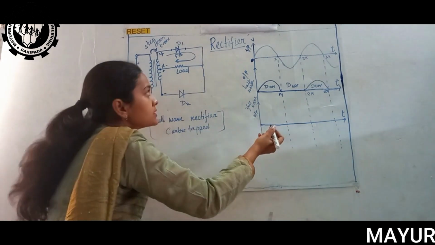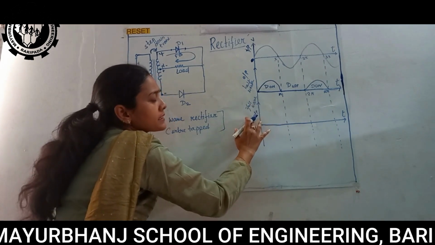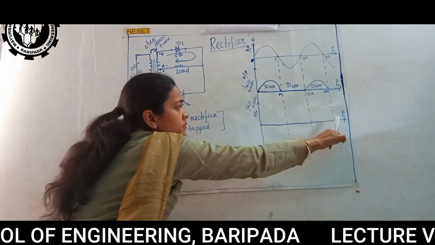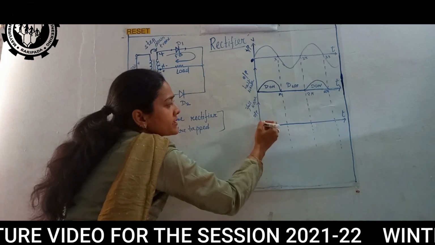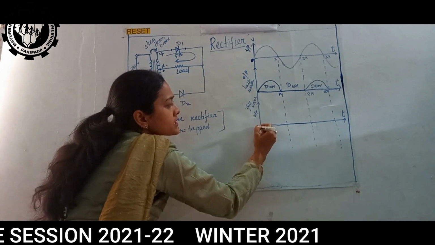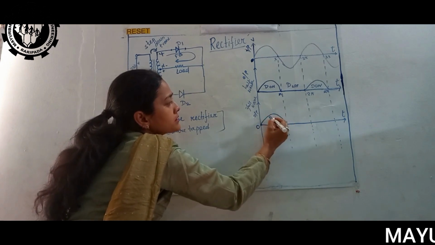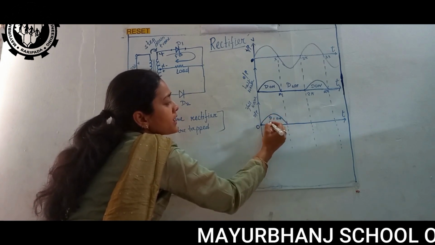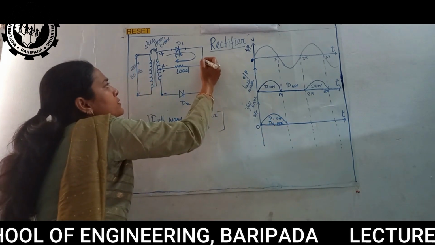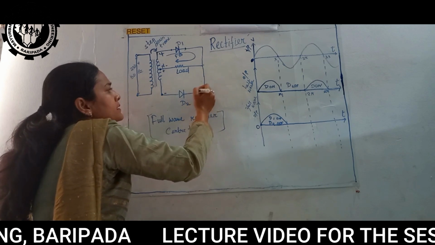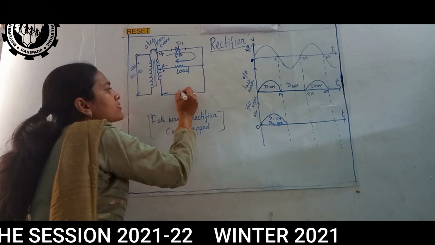So we can go through the waveform. For a full wave, I am getting an output waveform over here with respect to time. When D1 is on, again it starts from initial. Here D1 is on and D2 is off. Why is it off? Because if we go over here, it won't conduct, because negative is connected to the anode terminal.